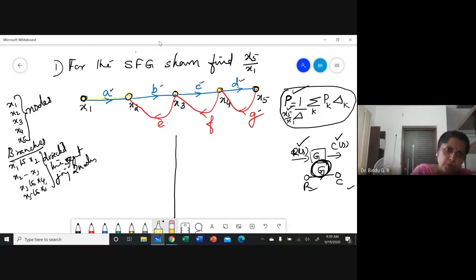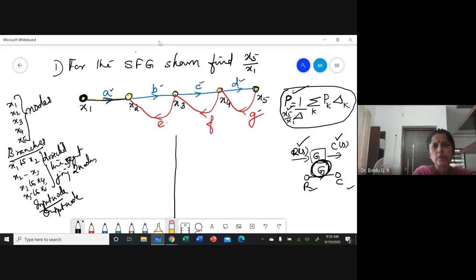Next thing is the input node. What is meant by input node? Input node here is, as you very well know, X1. Or how will you define that? It is a node having only outgoing branch. Similarly, you can have an output node.